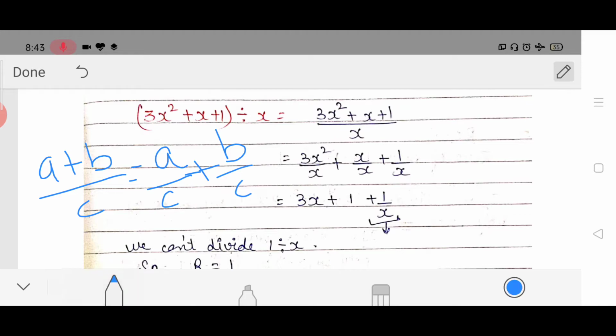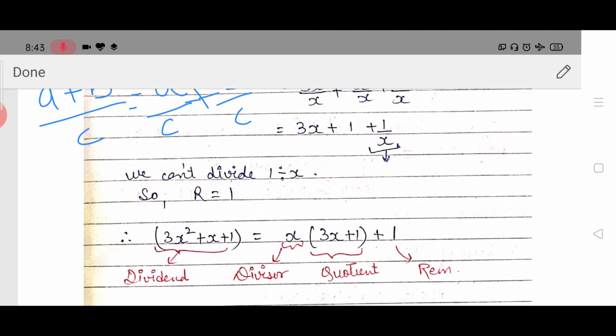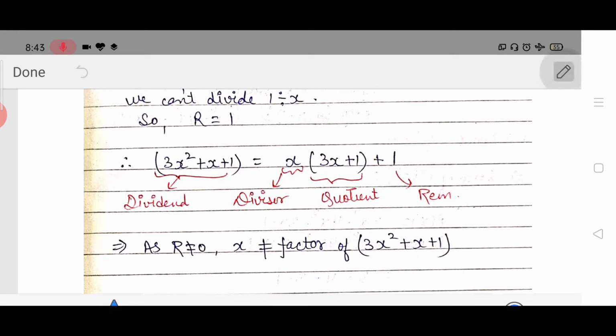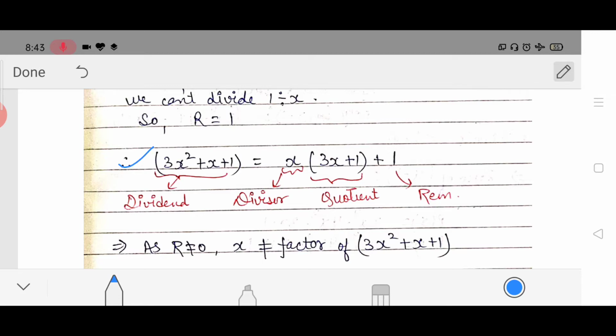Now as you can see 1 upon x, we cannot divide 1 by x. Okay, so we have written here we cannot divide 1 upon x, that's why our remainder is 1. Okay, so to equate this in the form of our formula, what we can write here, this was our dividend, this was our divisor.